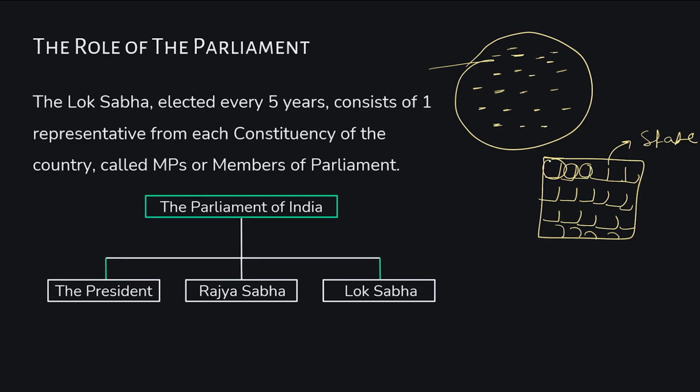For each constituency there will be candidates who stand to get elected, not just one, but 5 to 6 candidates who will campaign to get the votes and become the Member of Parliament for that particular constituency.